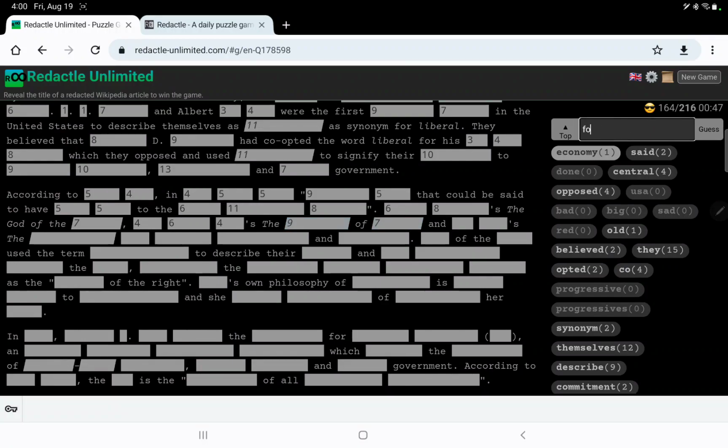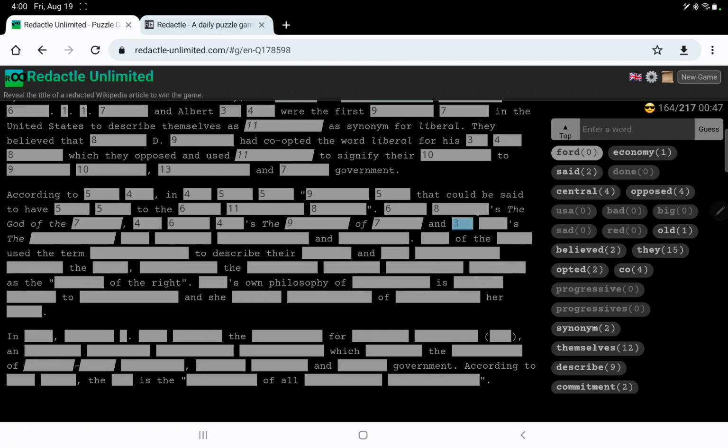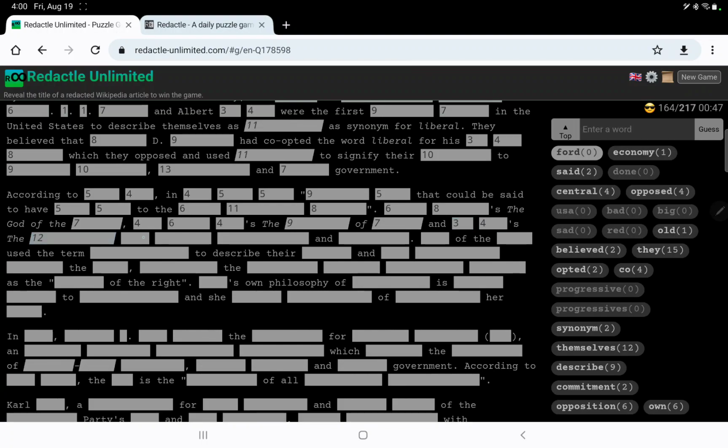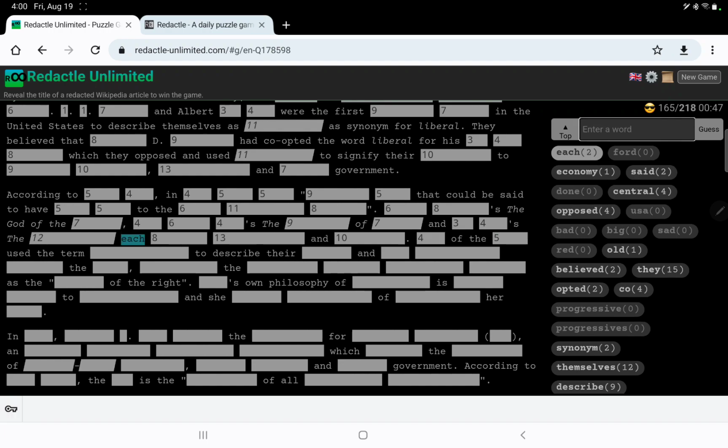Ooh, could that be Ford Maddox Ford? No. The 9 of 7 and 3 fours, the 12, oh, the 12. 4, 8, 13, and 10. Each, oh no, each something.